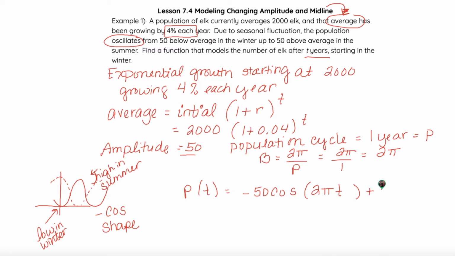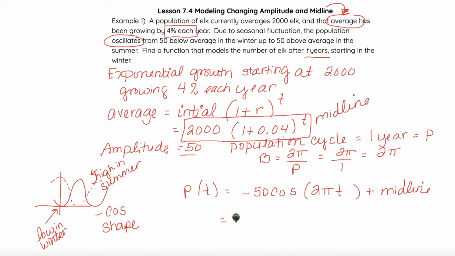We're going to put midline for now because we found our average to be this. This is our midline. So this is different than in previous equations. So this is actually going to be the midline. So our midline is actually an exponential equation, and it's exponentially changing.